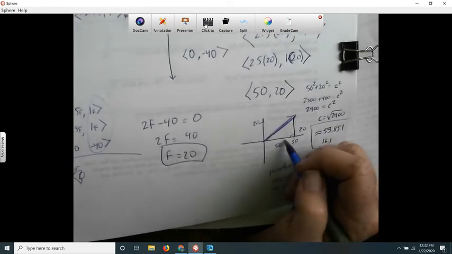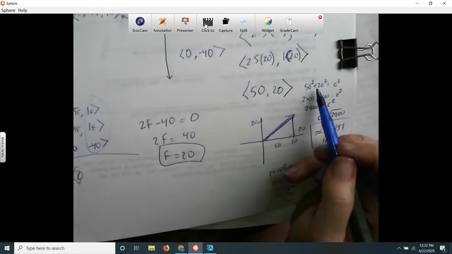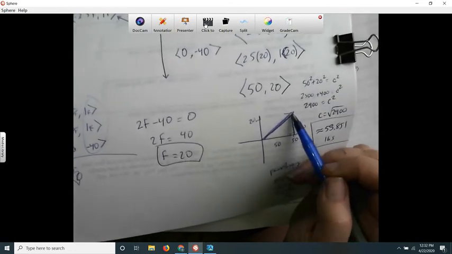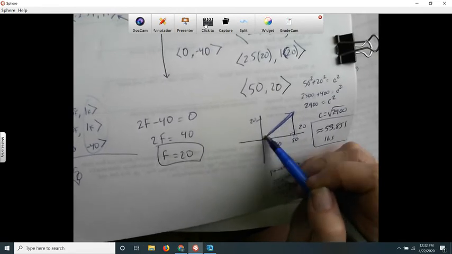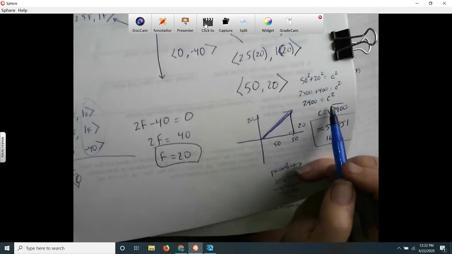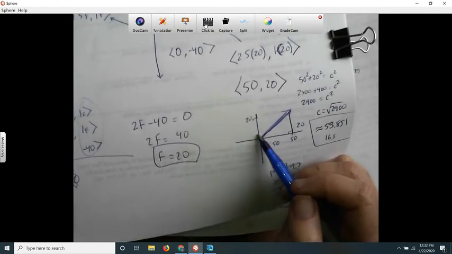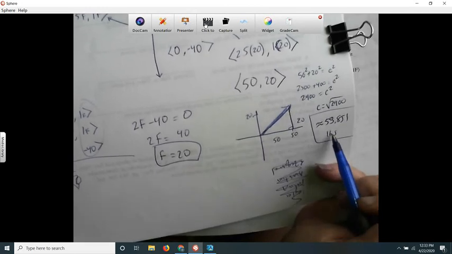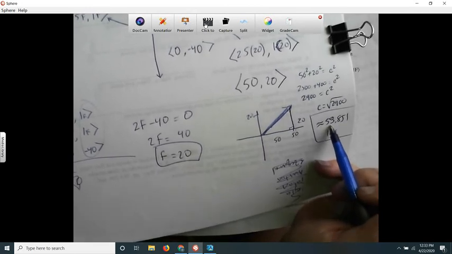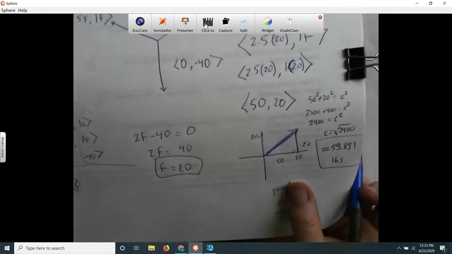So if it's right by 50 and up by 20, you can go 50 squared plus 20 squared equals this hypotenuse here. So that ends up being 2900 equals c squared, and c is the square root of 2900. So the length of this vector is 53.851 pounds. So that's what I got.